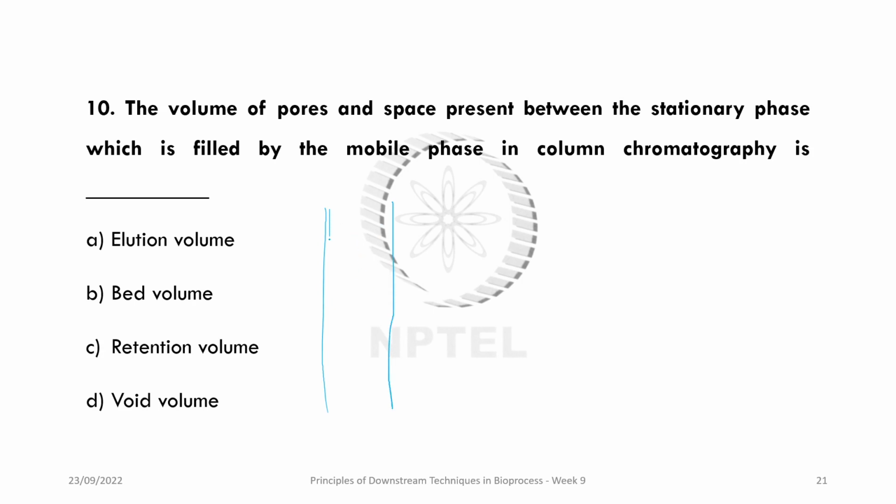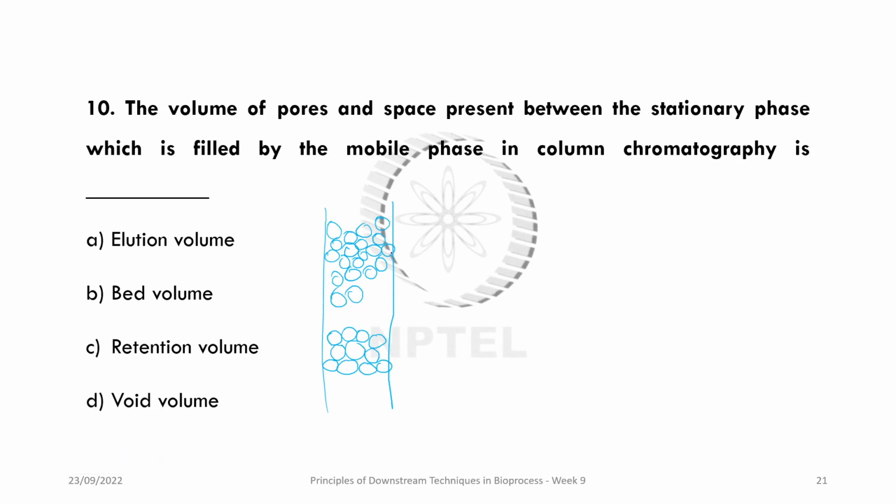So if this is your column and this is your packing material, there is bound to be some space, right? I'm just talking until you figure out the answer and type it in, which doesn't seem to be happening. But yeah, I'm just taking a cross section here.